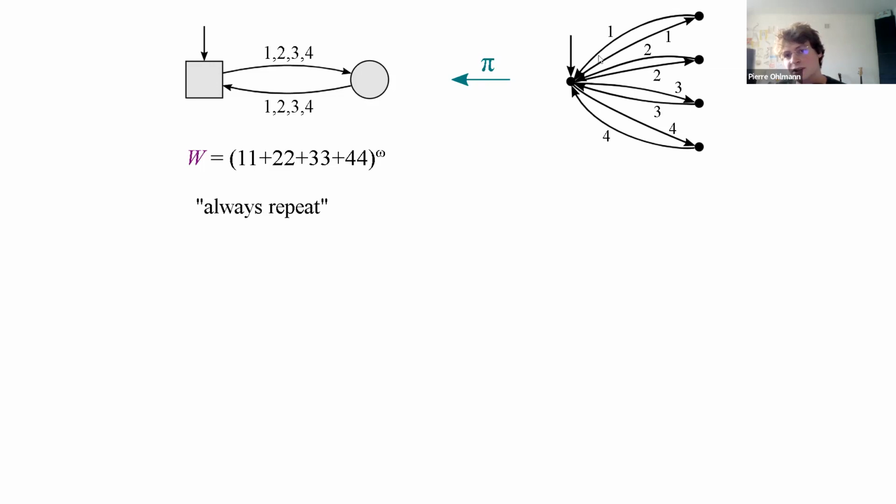If the opponent says 1, then you should answer 1. If the opponent says 2, you should answer 2, and so on. Okay. So it does meet the requirement that for our opponent state, for each of the 4 outgoing edges, it is handled in the strategy. For each opponent edge, there is a corresponding one in the strategy.